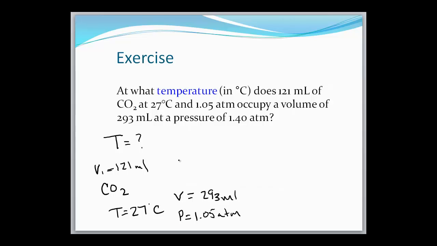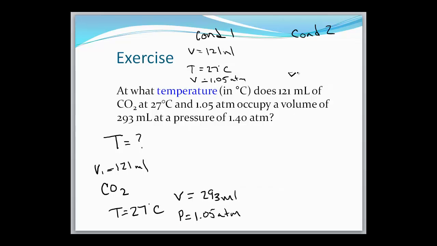All right, so we've got a lot of variables here. So we've got different temperatures and different pressures. So let's try to separate this a little bit. We have, let's just say condition 1 and condition 2. So we have a volume 121 milliliters of carbon dioxide at 27 degrees Celsius and 1.05 atmospheres can occupy a volume.